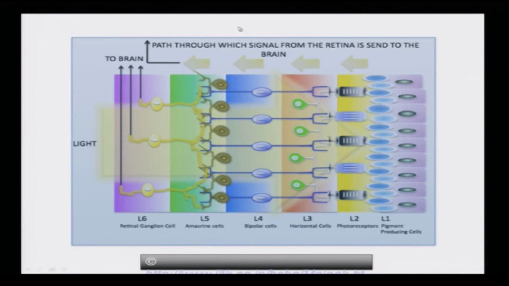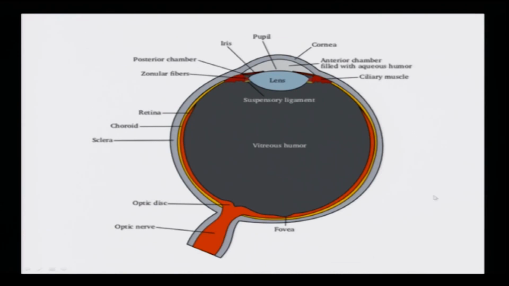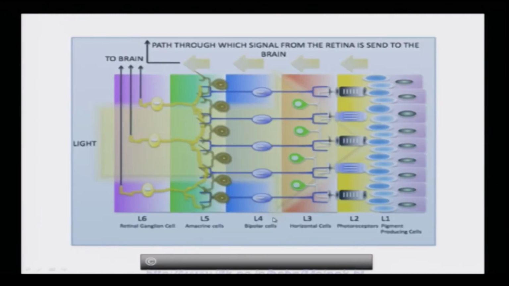So the light is only sensed by the photoreceptor layer, and beyond that there is an opaque layer of the pigment epithelial cell, which is essentially the back of the eye. The front is the retinal ganglion cell, and the bottom is the pigment epithelial cell, which helps in having a cushioning effect.